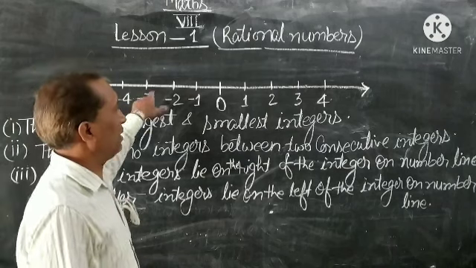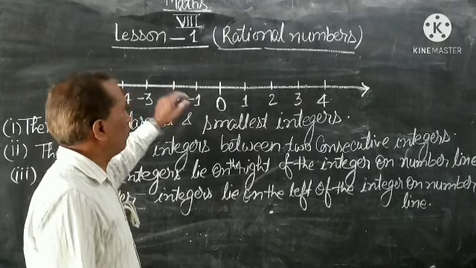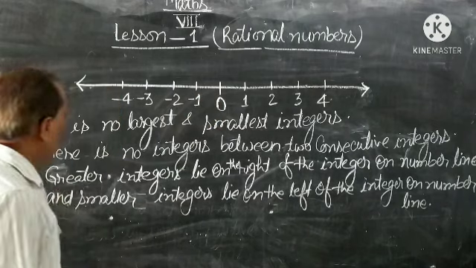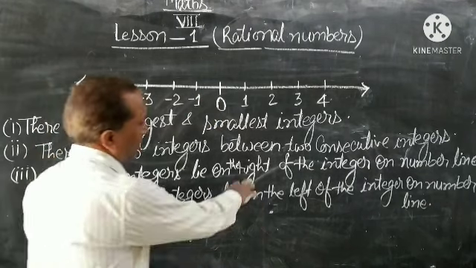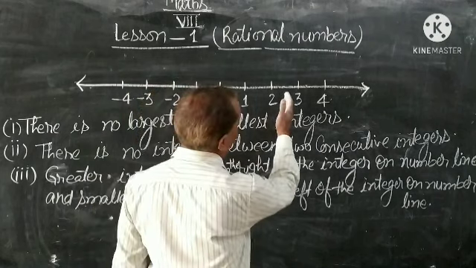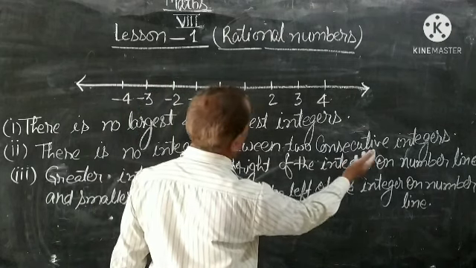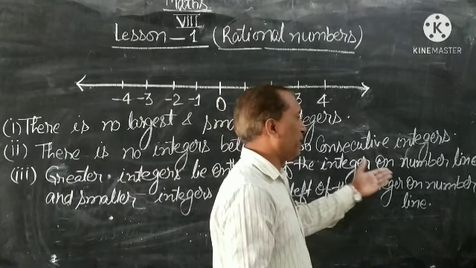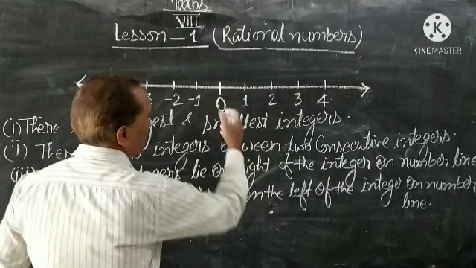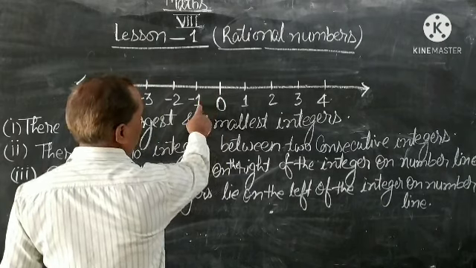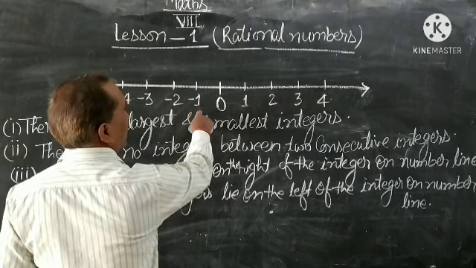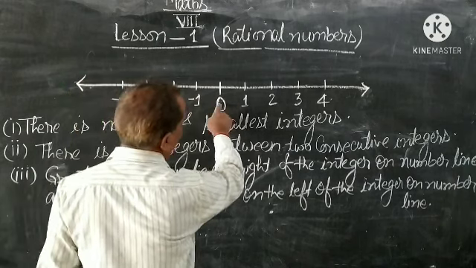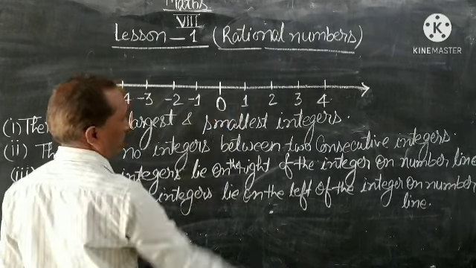Like -3 and 0, you have two integers, -2 and -1. Greater integers lie on the right on the number line, and smaller integers lie on the left of the integer on the number line. Like 0, -1 is less, meaning a smaller integer than 0, and 0 is greater than -1.